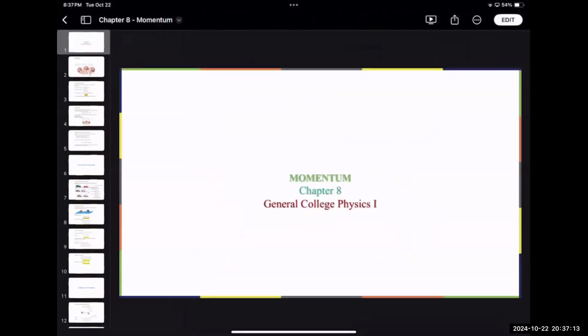So why momentum? Let's see on the blackboard. Why do we need this momentum? Until now, we studied kinematic motion, projectile motion, force, and then we read about energy. But now the next topic is momentum.